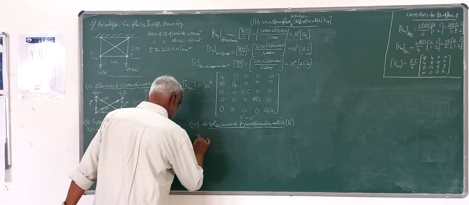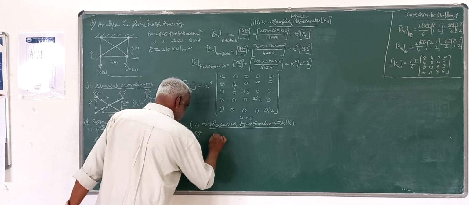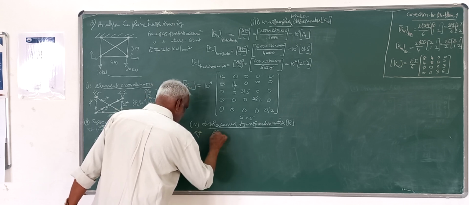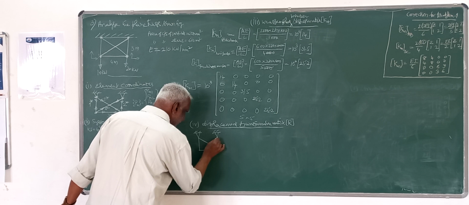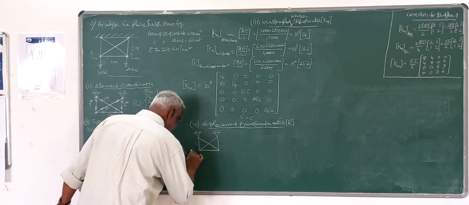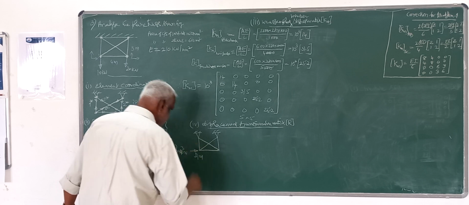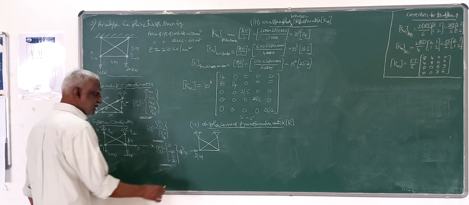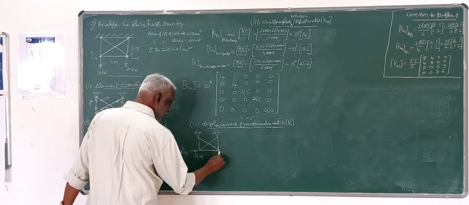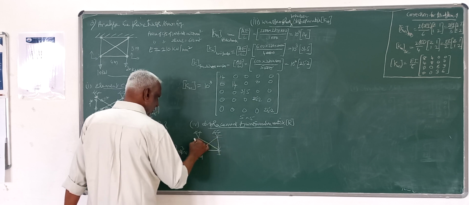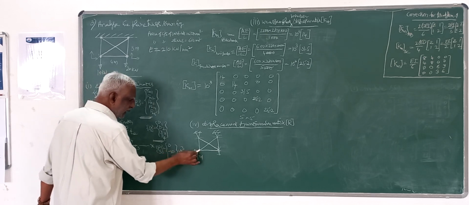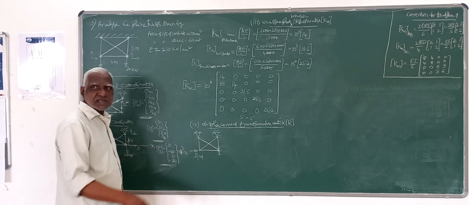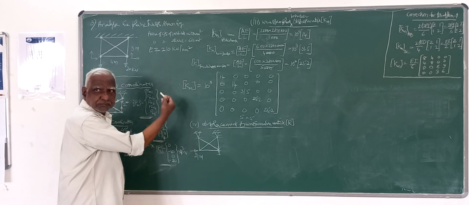I will give that particular displacement and show you here. First, I have to give unit displacement along coordinate 1 like this, d1 equals 1, and I have to restrain all other coordinates, so all others I have to make fixed. The displacement occurs only here, and that too only horizontal displacement, not even vertical displacement.